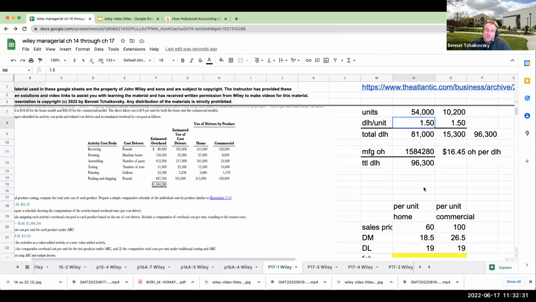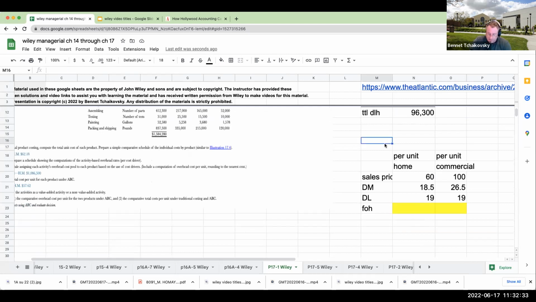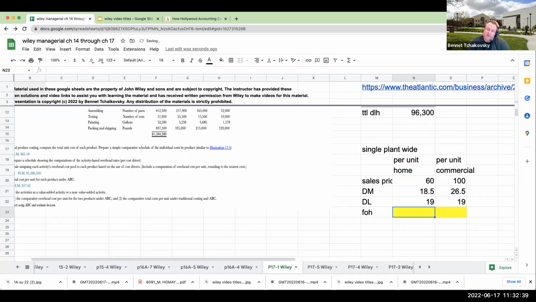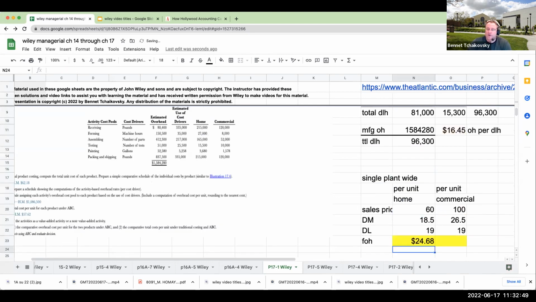So if I go over here and say, okay, this is per unit, and it's 1.5 direct labor hours per unit under single plant-wide, my factory overhead right over here is going to be 1.5 times this $16.45, or $24.68.